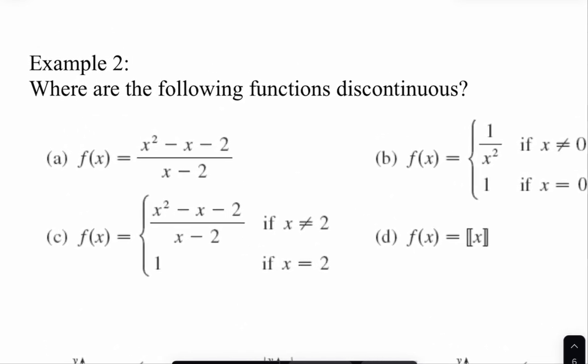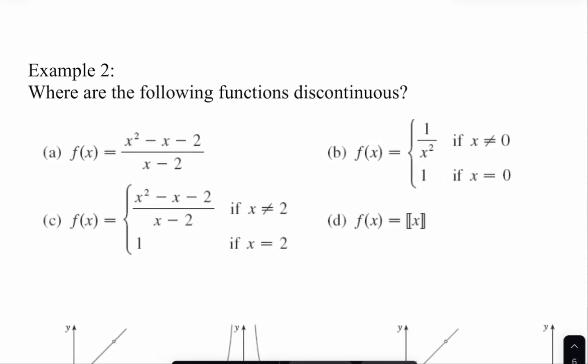Okay, so let's take a look at the algebra of this. For the algebra of it, a fractional function, a rational function like A, will have a discontinuity where the denominator equals 0. Remember, the denominator isn't allowed to equal 0.